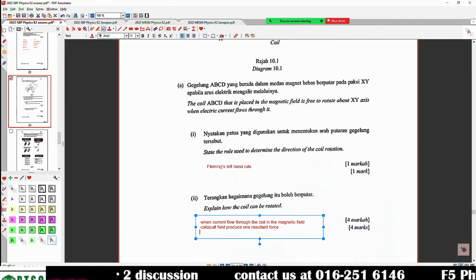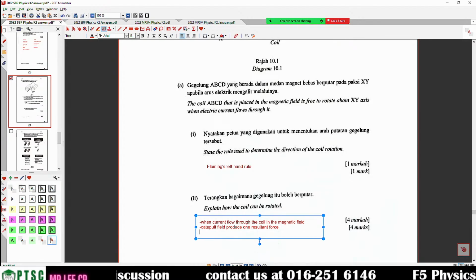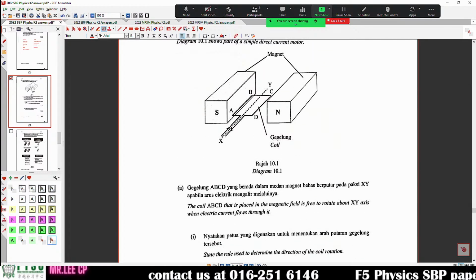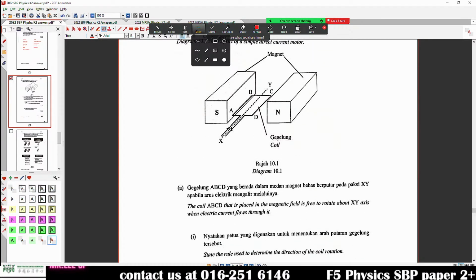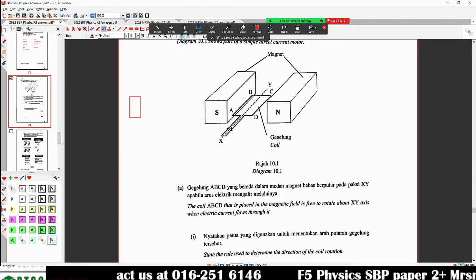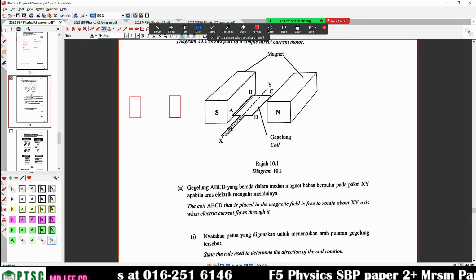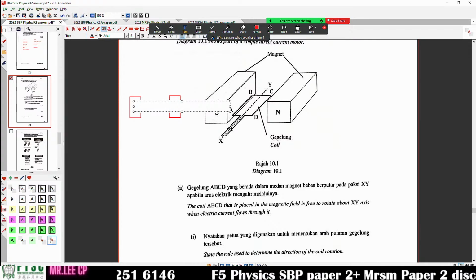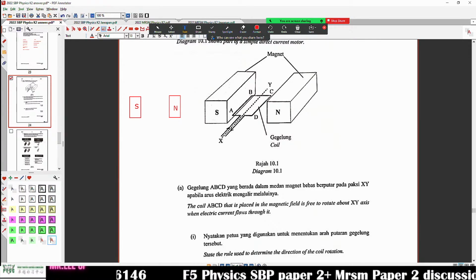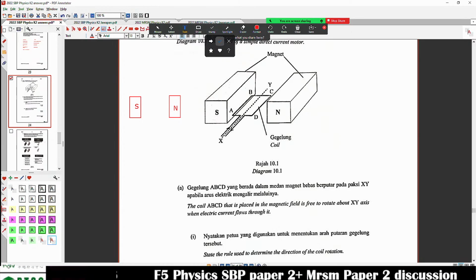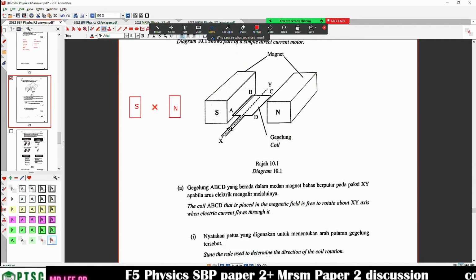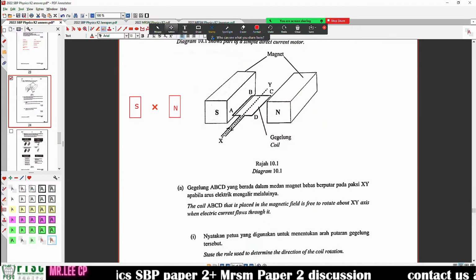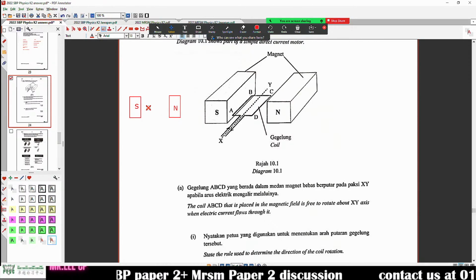Catapult field, meaning from here I drew it here. So here it is south, here it is north. The current goes in, I use X. The current goes in from AB, not CD, AB.